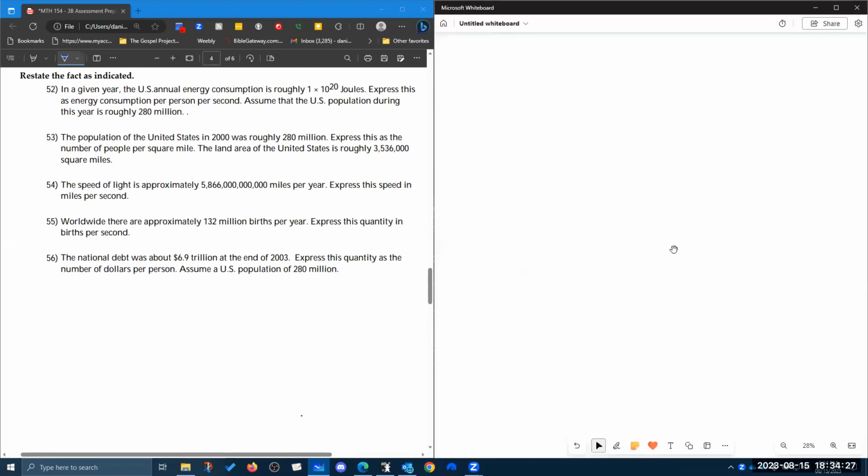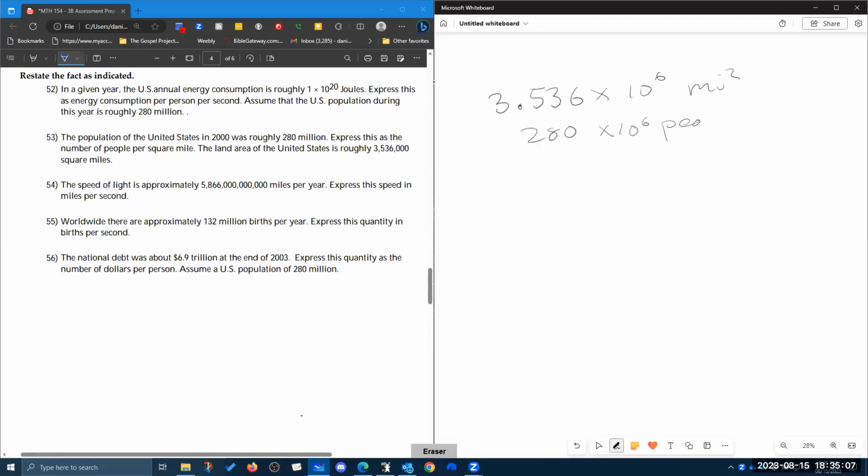Let's go ahead and look at another problem here. The population of the United States in the year 2000 was roughly 280 million. Express this as the number of people per square mile if the land area of the US is roughly 3,536,000 square miles. So I'm going to call that 3.536 times 10 to the 6th square miles, and 280 million is 280 times 10 to the 6th people.